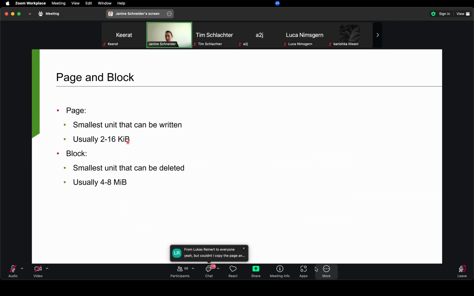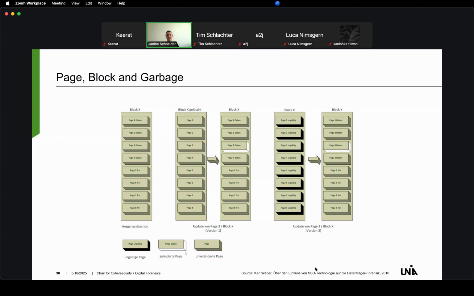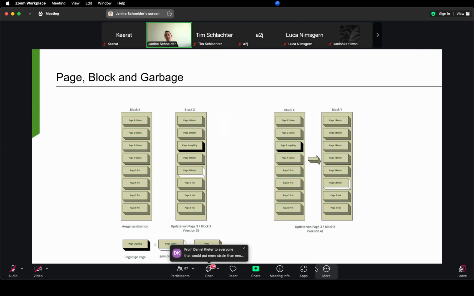Could I copy the page and write the same page again? Apparently not. As I said, it really depends on how the manufacturer specifies the algorithms.